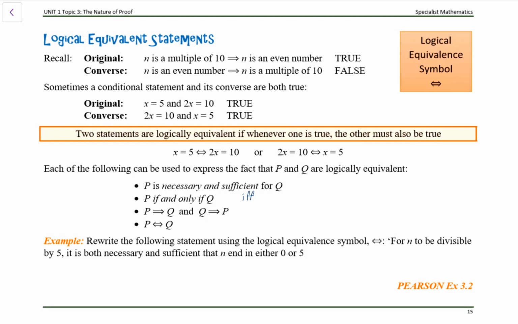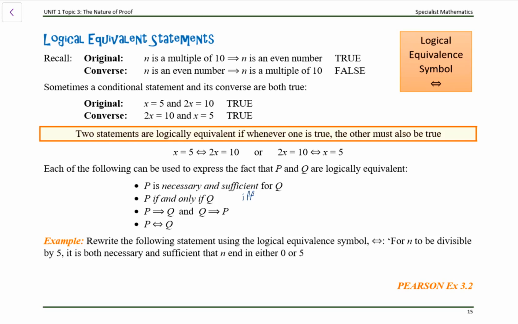So the example: rewrite the following statement using the logical equivalent symbol. For n to be divisible by 5, it is both necessary and sufficient that n end in either 0 or 5.